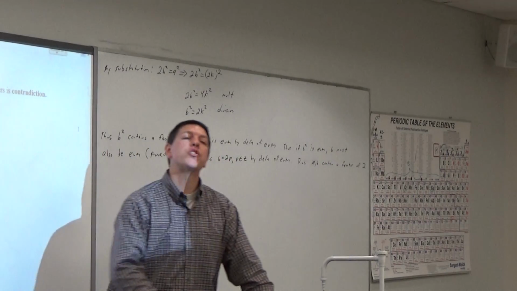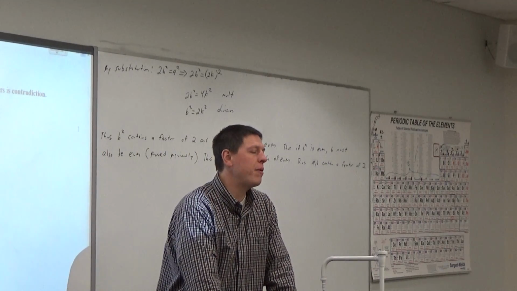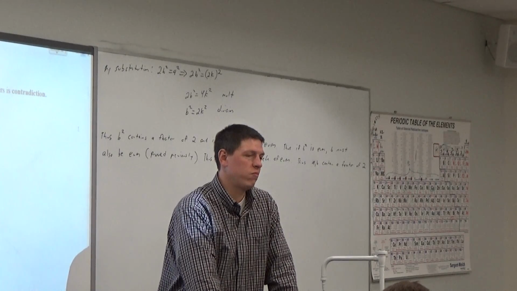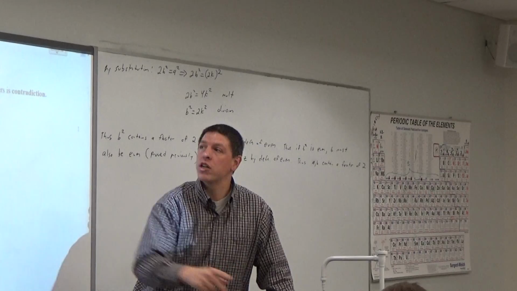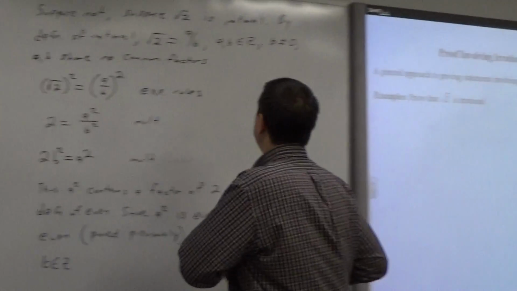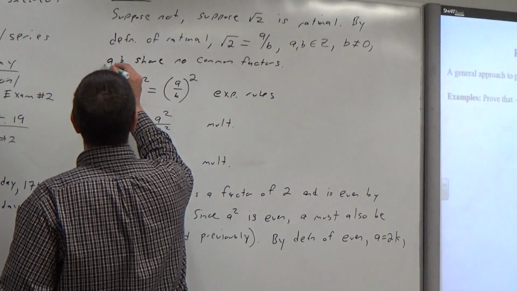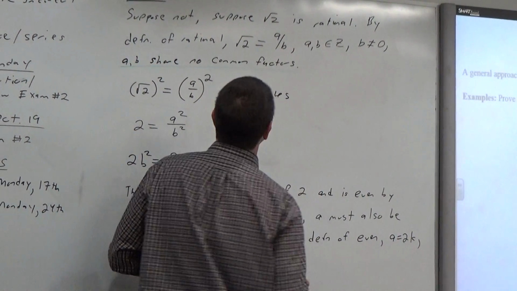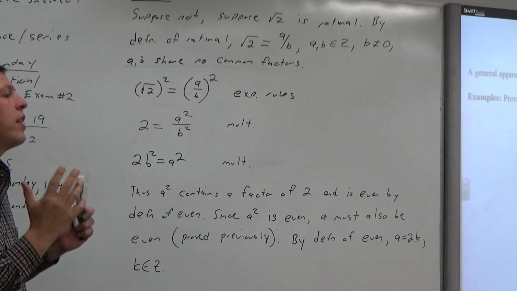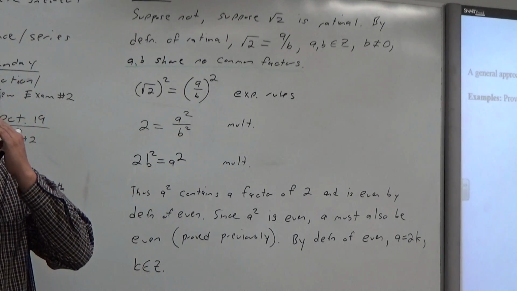Now, why is it so bad that they contain a common factor of 2? Because didn't we say at the very beginning of the proof that by the very definition of rationality, A and B must not share any common factors? So we finally come into a contradiction, okay?